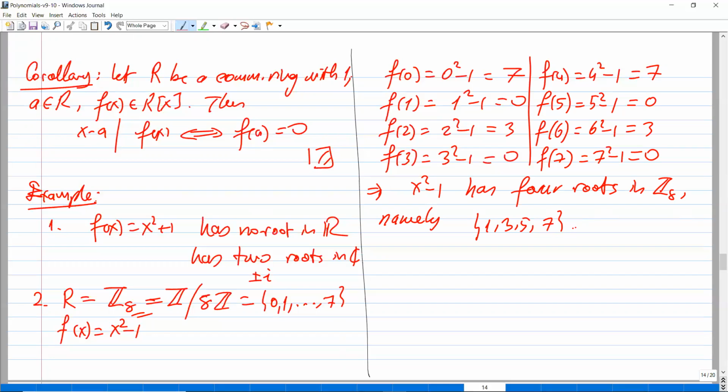These are the roots of this polynomial. So it has degree 2 and it has 4 roots, but this cannot happen if R is an integral domain, as we will prove now.